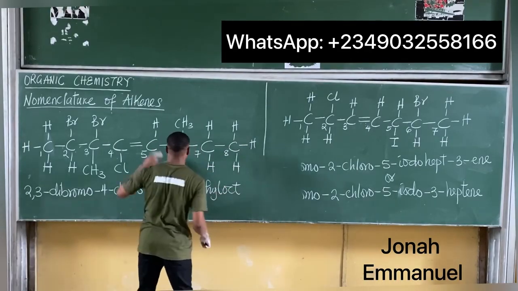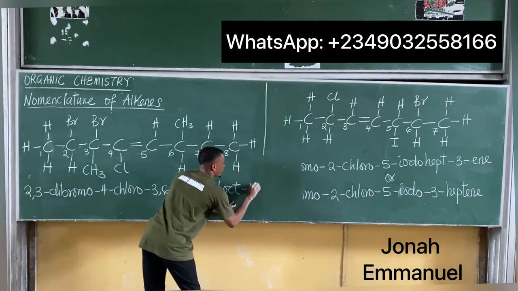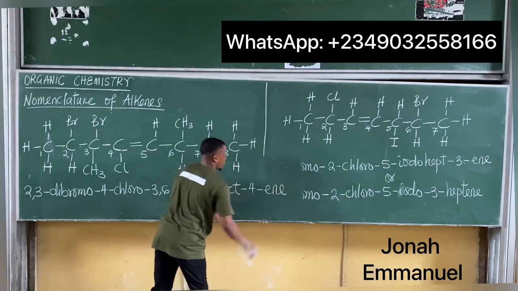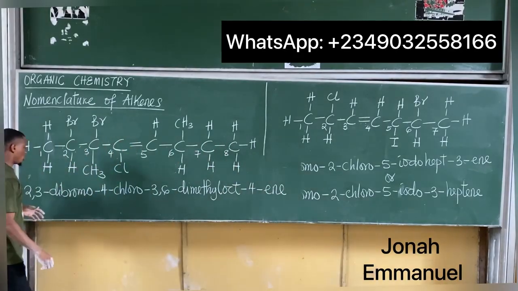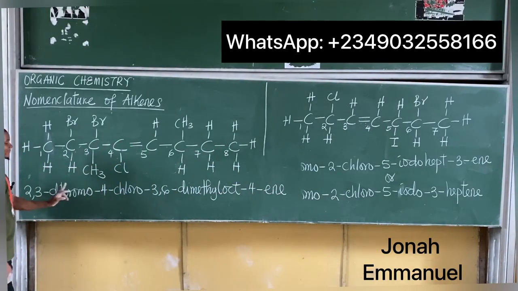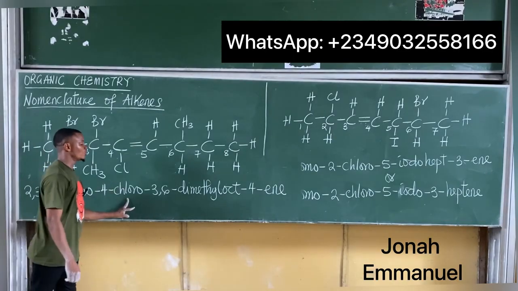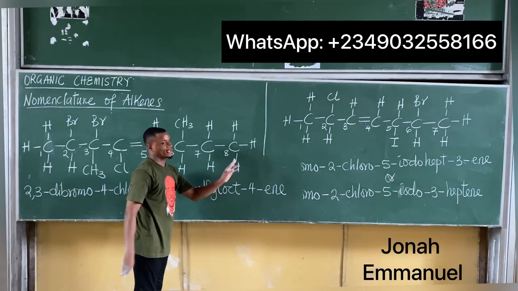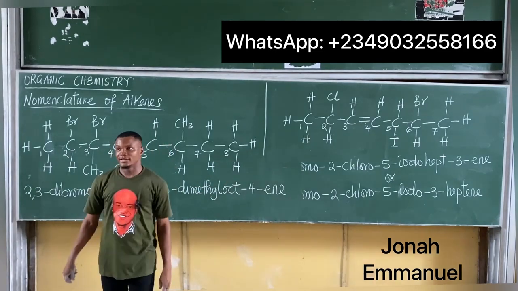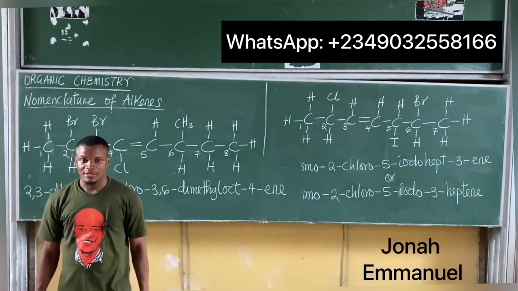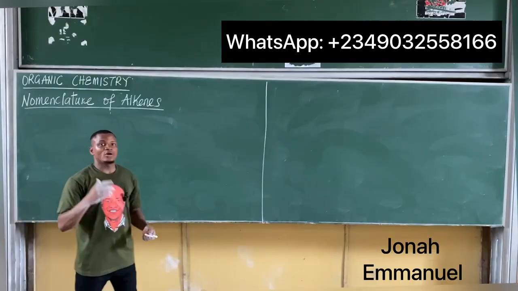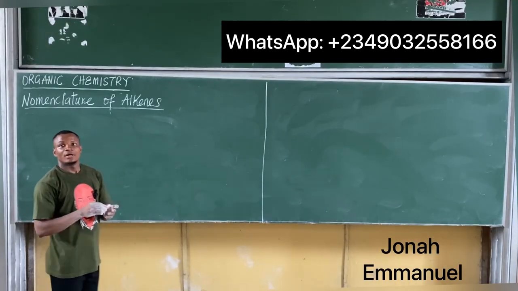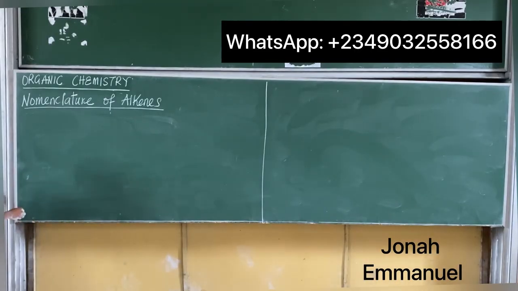Oct-4-ene, or 2,3-dibromo-4-chloro-3,6-dimethyl-4-octene. All right, so that's the idea there, please. Look up, please. Next up, let's look at some special nomenclature.